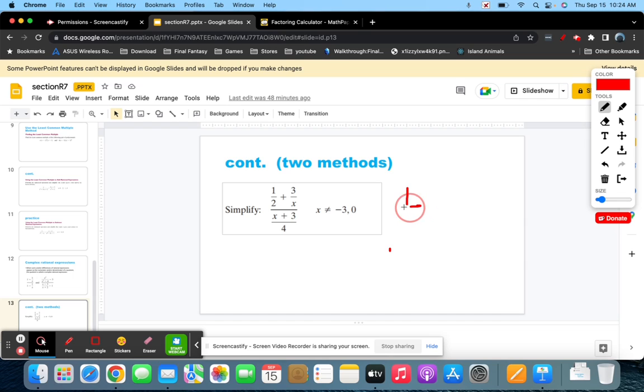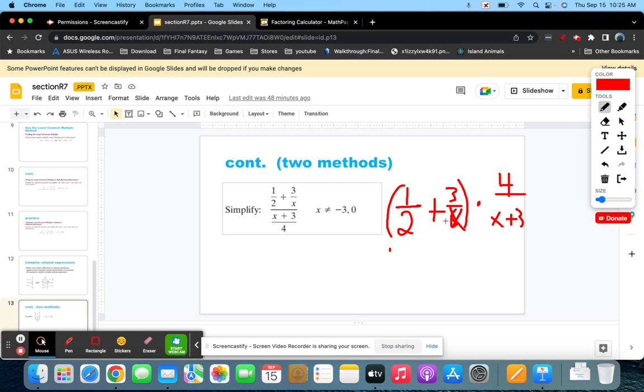So that's going to be 1/2 plus 3x, that's an x, not an 8, times, flip it over, 4 over x plus 3. All right, before I can multiply though, this numerator is one piece, so I need to separate it into a parentheses.